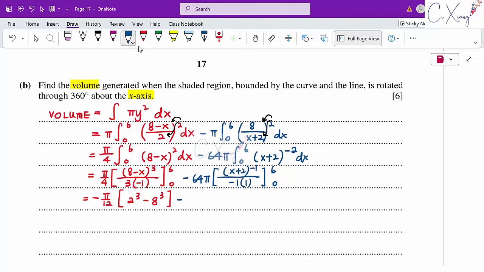Then 64. Take out the negative 1 outside, you'll be having a positive 64 pi. And now, substitute the 6 inside. 6 plus 2 is the 8, right? So you're having 1 over 8. Then minus, substitute 0 inside, you will be having a half.